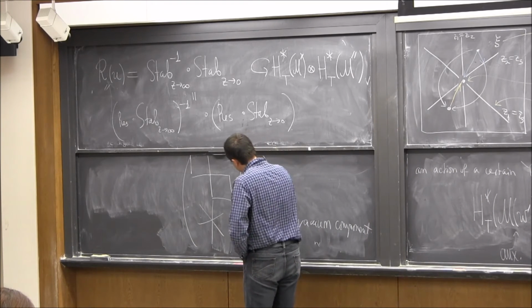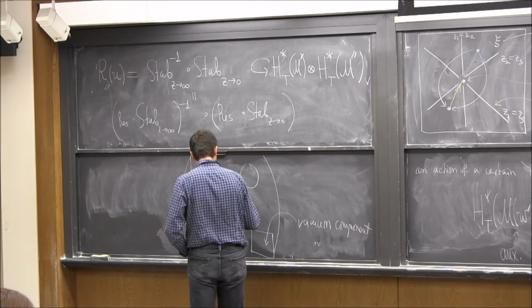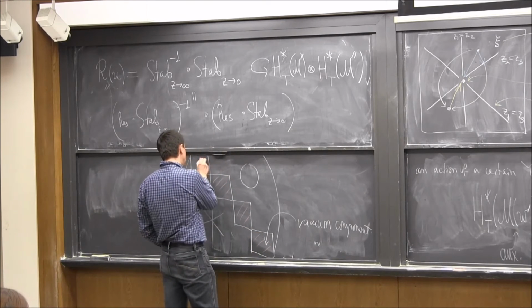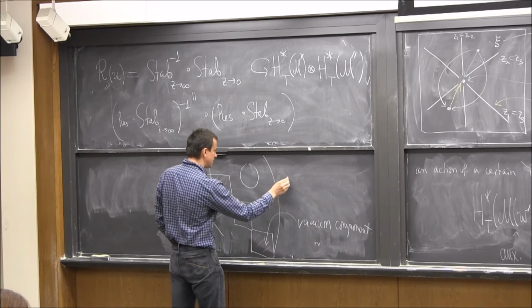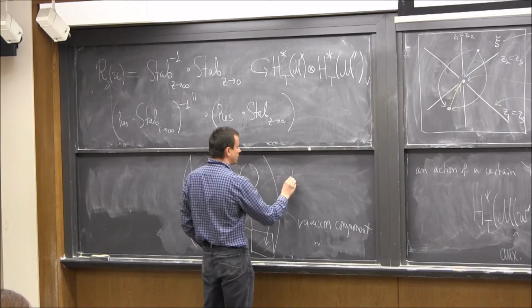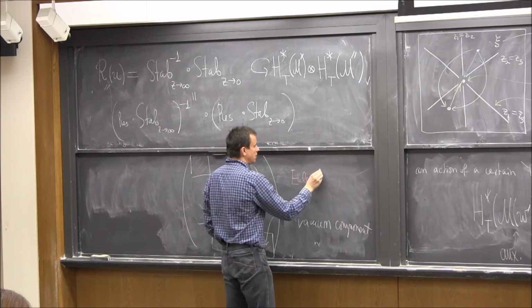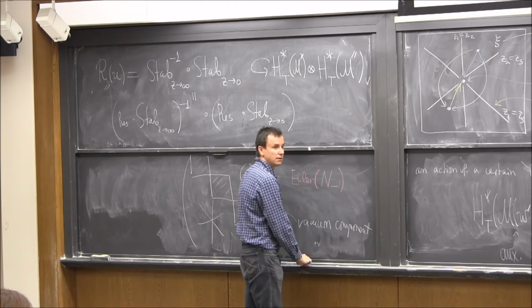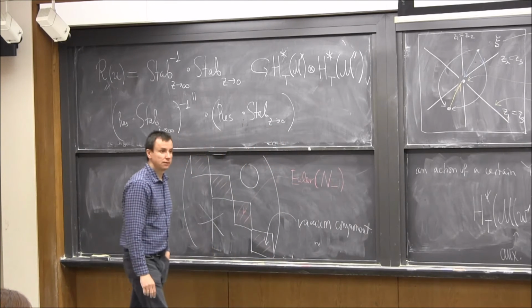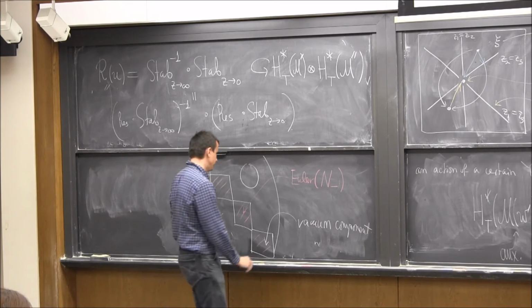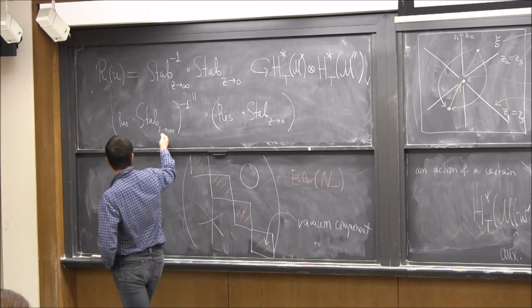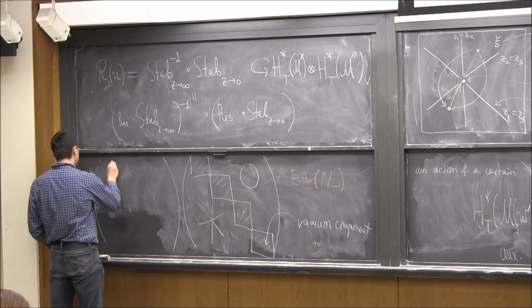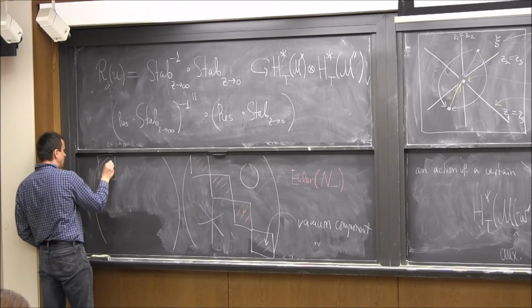What stands in the squares here is the Euler class of the unstable part of the normal bundle. And then what does this matrix look like? Well, it's going to look the same, except now I'm going to go the other way.